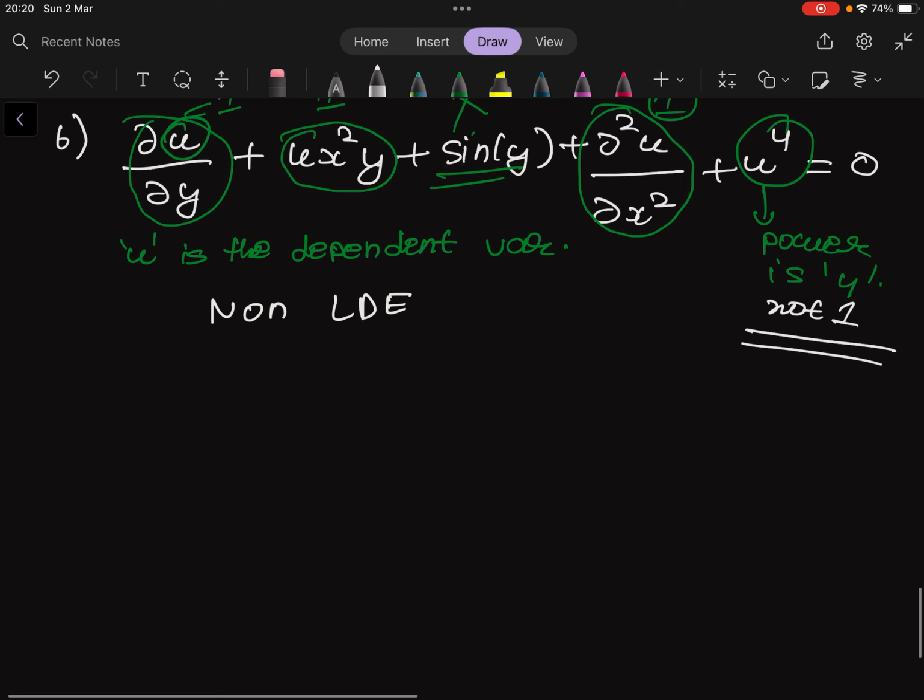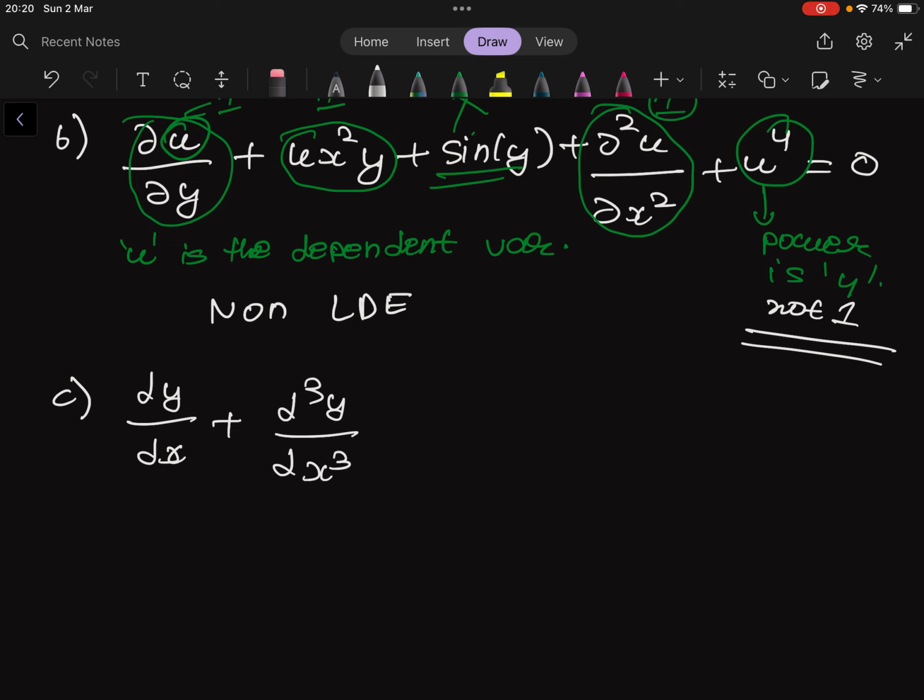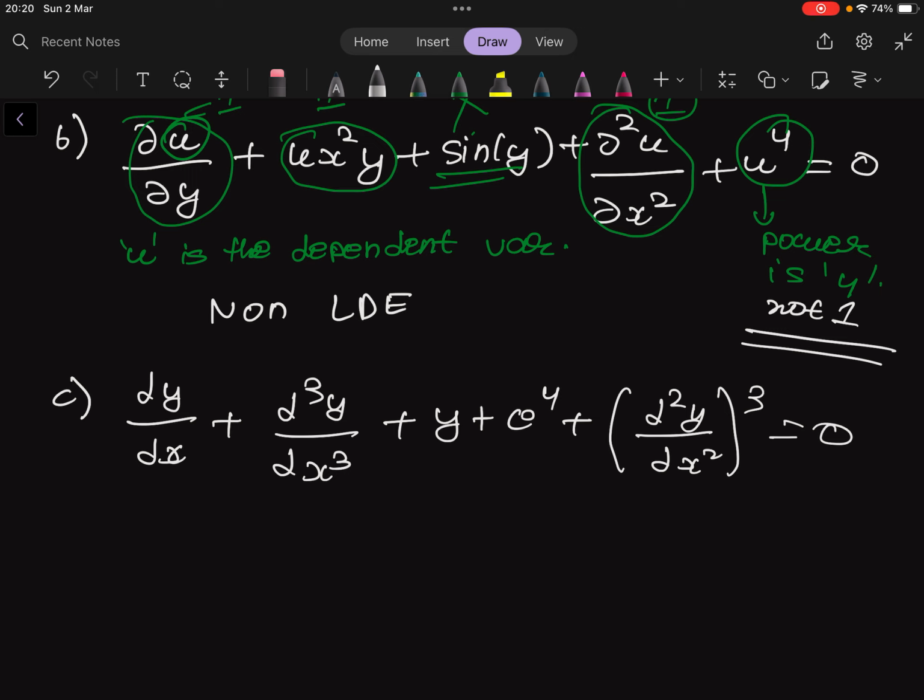Now let's see another example: dou y by dou x plus dou cube y upon dou x cube plus y plus e power 4 plus dou square y by dx square whole power cube equal to 0. So first identify the dependent variable.